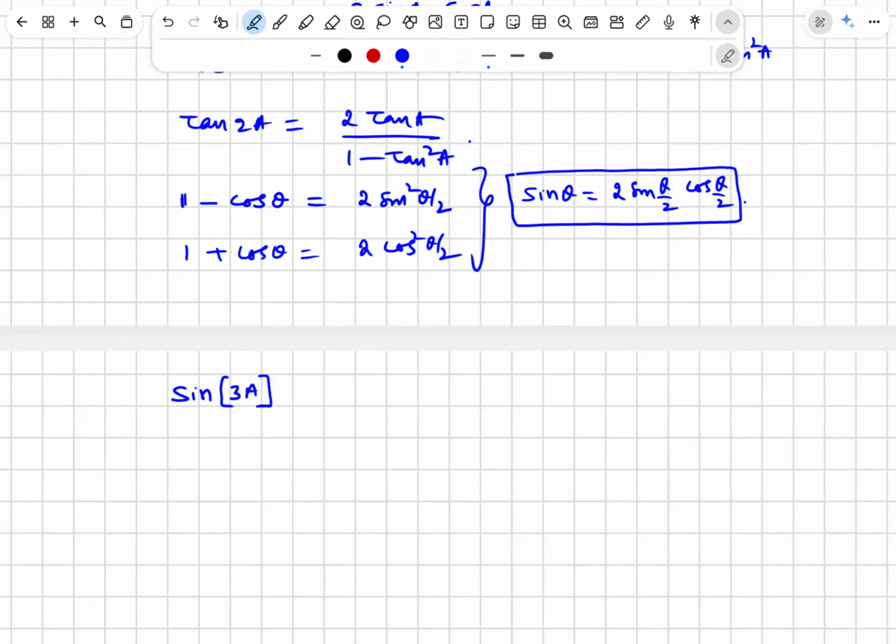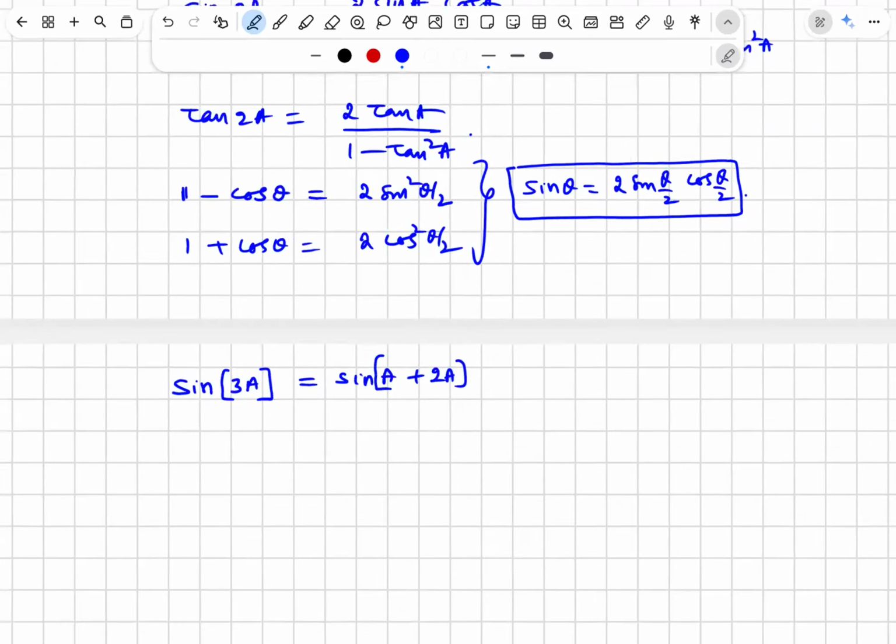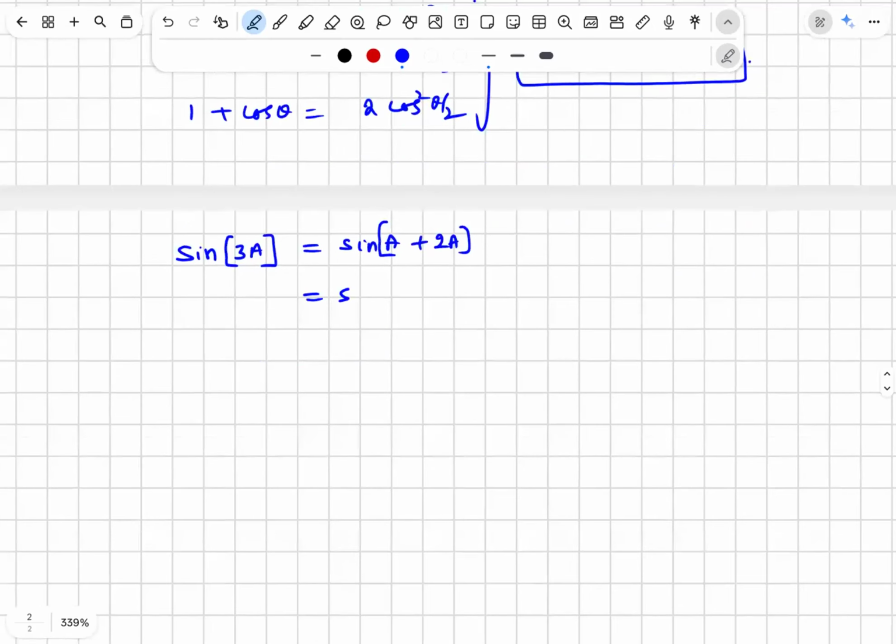Sin of A plus 2A, just to copy. Sin A cos 2A plus cos A sin 2A.